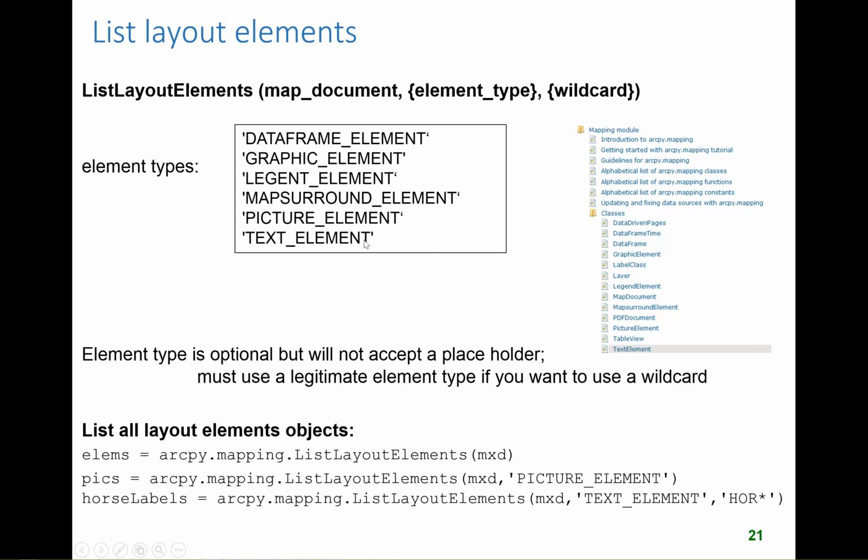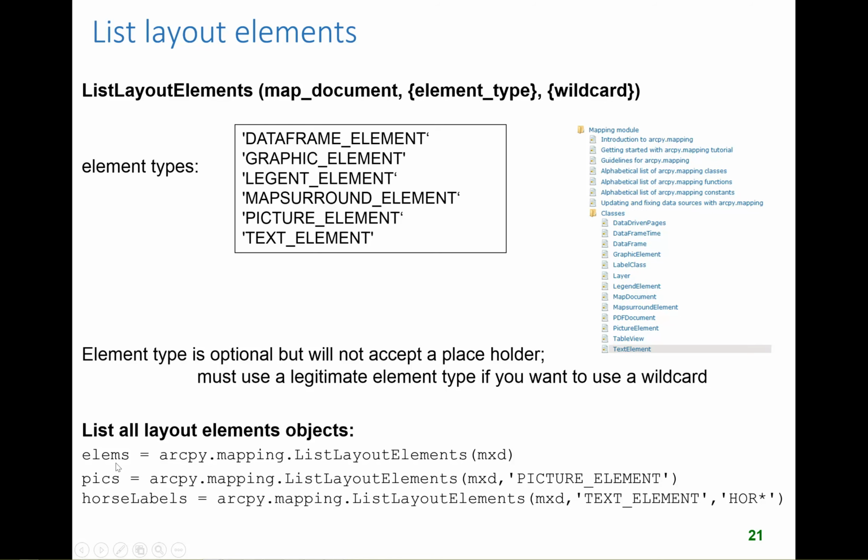You pass them in as a string, and they have to be as shown with the capitals and the underscore. The wildcard is there in case you want to specify a particular substring for the name of the element. Now notice that element type is optional, but it cannot have a placeholder in there. You must use a legitimate element type if you want to use the wildcard after that.